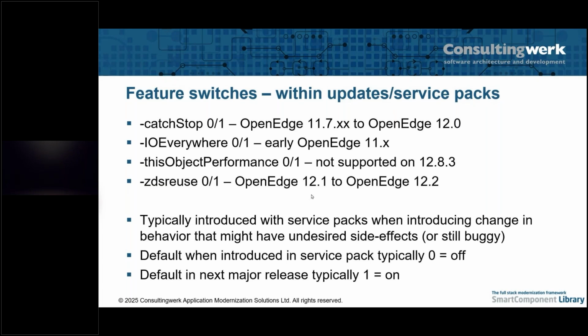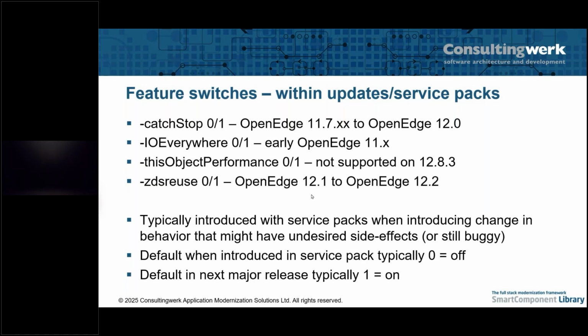The nasty thing with this is that these startup parameters are then not backwards compatible. So for instance, the object performance switch 0 1 is a feature introduced in 12.8.4. If you're using 12.8.3, you cannot use that. That's sometimes biting us when testing on different service packs.